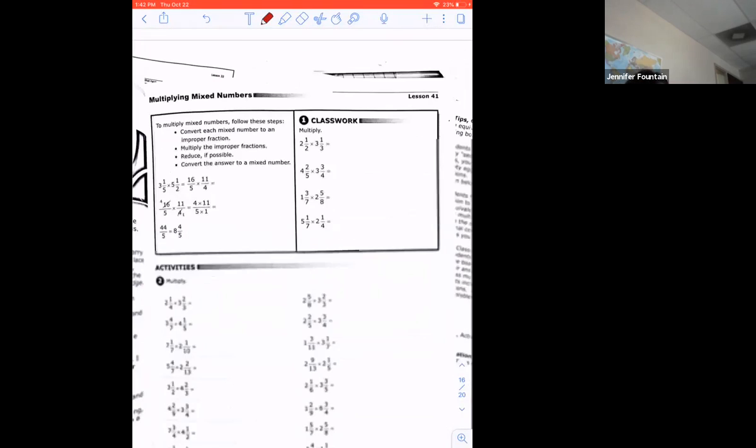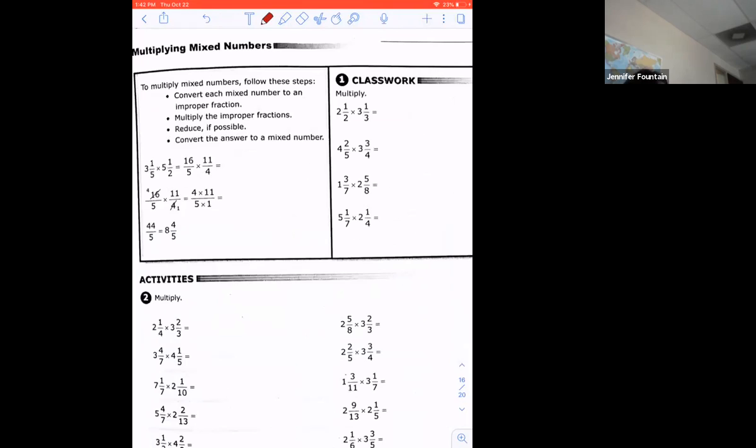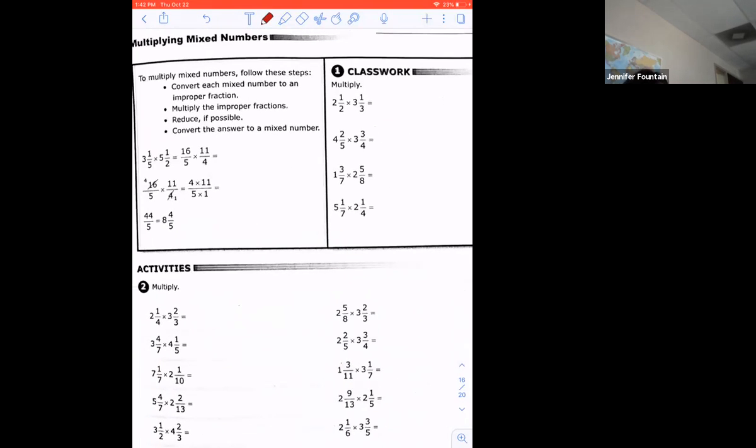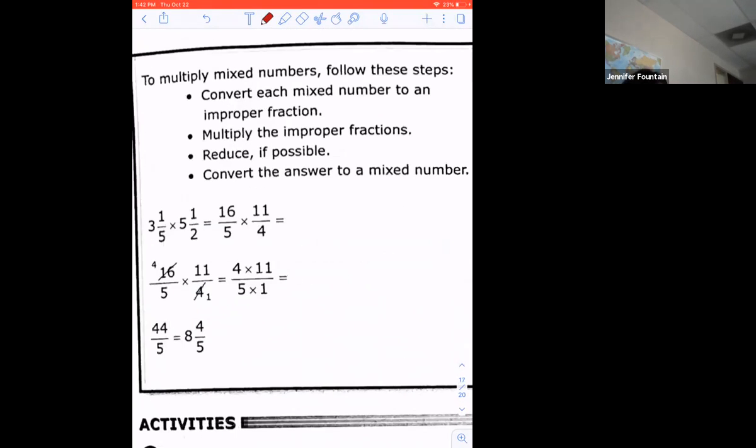All righty. Lesson 41, multiplying mixed numbers. It says to multiply mixed numbers, follow these steps. Convert each mixed number to an improper fraction. Multiply the improper fractions, reduce if possible, convert to a mixed number. Okay?